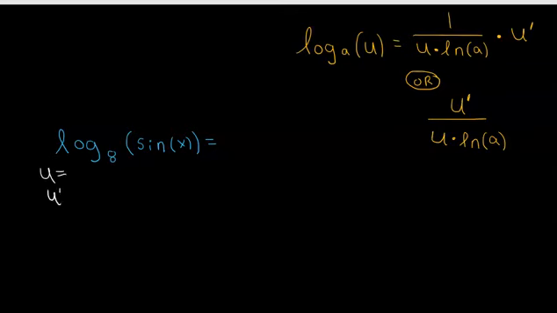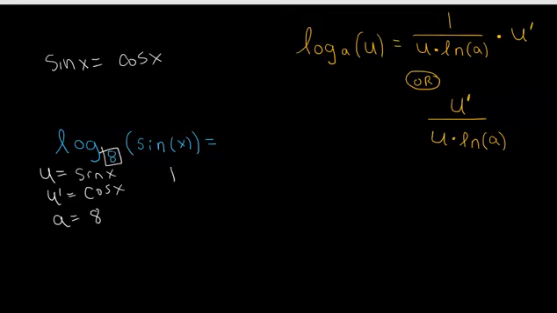I have u, then that derivative, and the letter a. So u is sine x, its derivative is cosine x, and this time the letter a is going to be an 8.